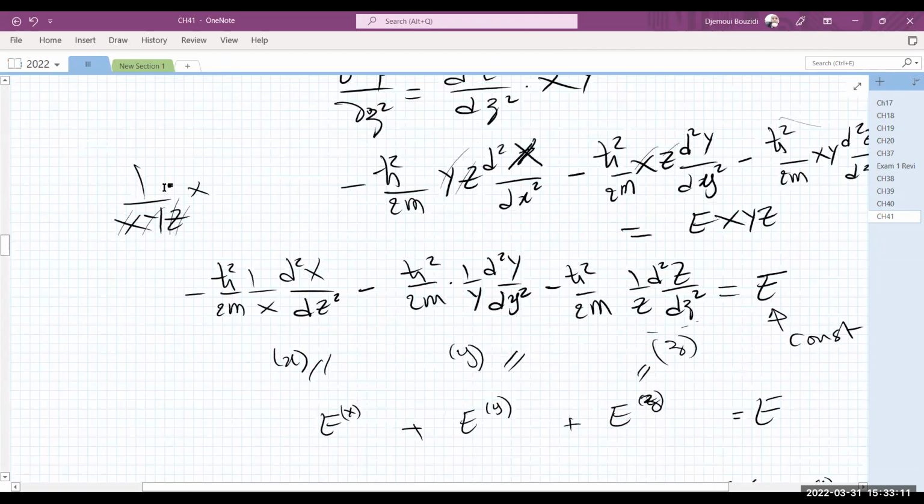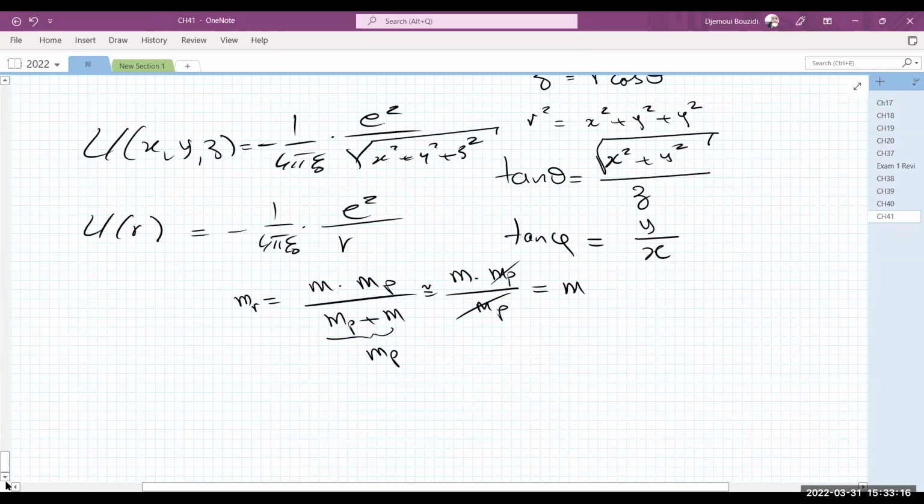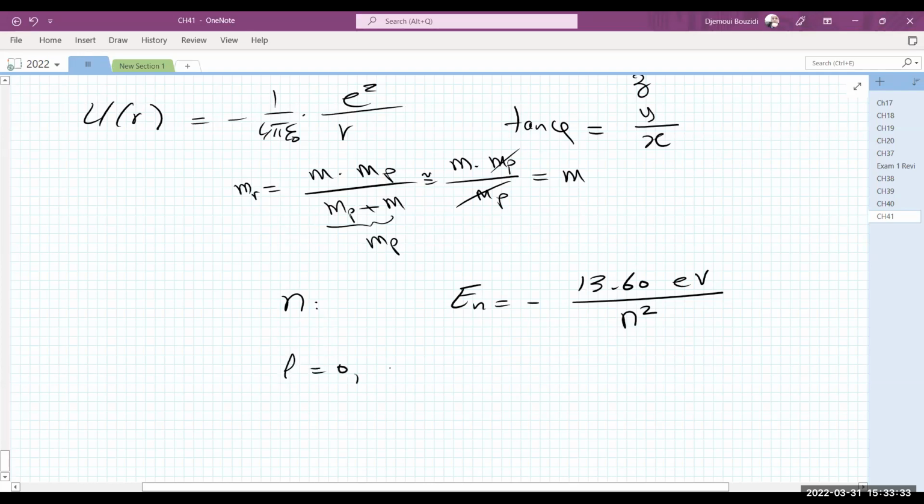So these are the 3 quantum numbers that pop up for the hydrogen atom. You have an n that is an integer in such a way that the energy is equal to negative 13.60 electron volts divided by n squared, and another quantum number that you're free to choose between 0, 1, all the way to n-1. That's it. And then for each value of L, you have choices for the quantum number ML.